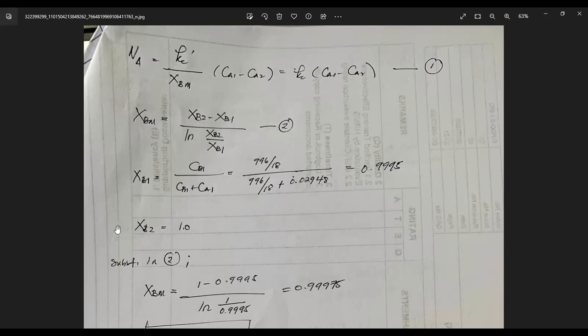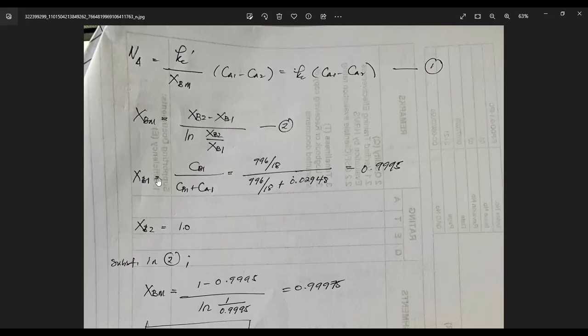Oftentimes, this X sub B2, if you read John Cooklis, is always assumed to be 1.0. Just like we assume that concentration and partial pressure for diffusion in the case of gases is also 0 when it is already fully diffused for the B. But in this case, your B is your water. So this is 1.0 already for the point B, or rather for point 2.